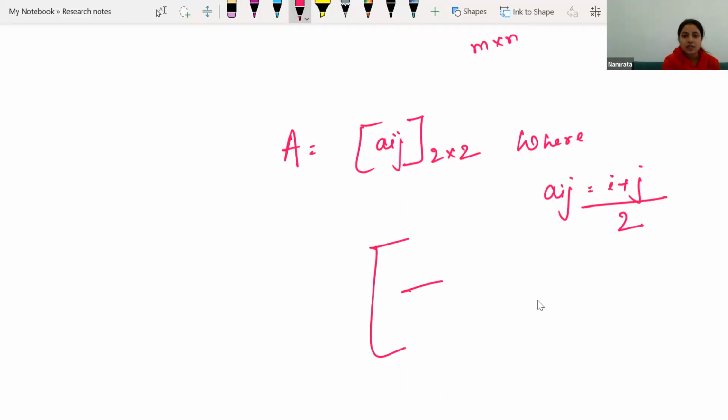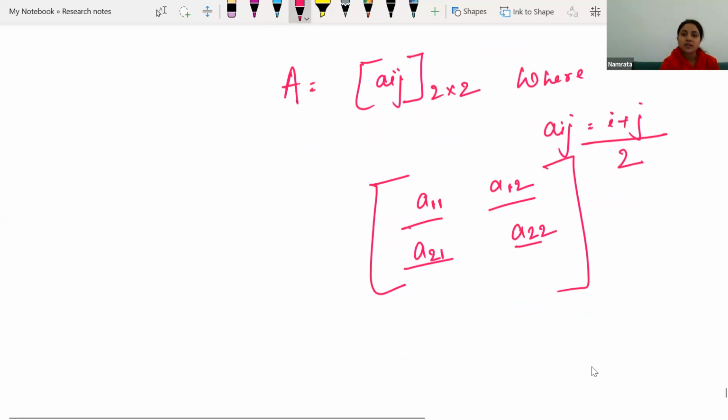That means there are 2 rows, there are 2 columns. We have to fill the blanks according to the given arrangement. Now we know the first element is called a11, the next one is called a12. Here it's the second row, first element. Here it's the second row, second element. Accordingly, we will be finding each and every value.